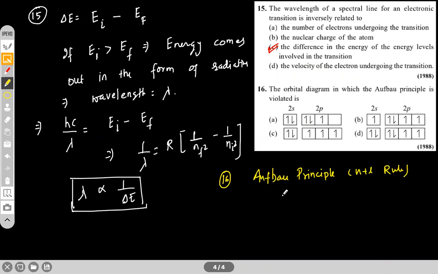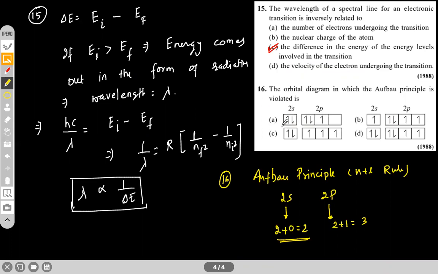So in the question it is given 2s and 2p. If you calculate the N plus L value, for 2s it is 2 plus 0, that is 2. And for 2p it is 2 plus 1, that is 3. It means that the 2s orbital must be fully occupied first, and then the electron goes into the 2p orbital, right?